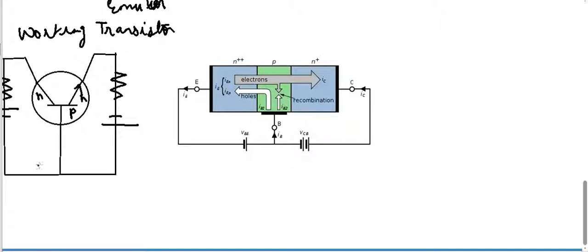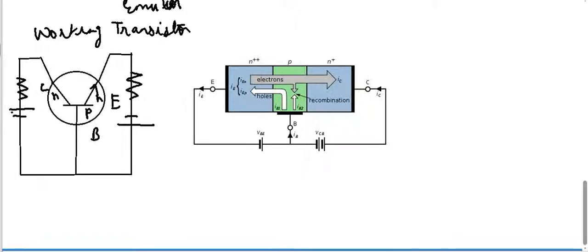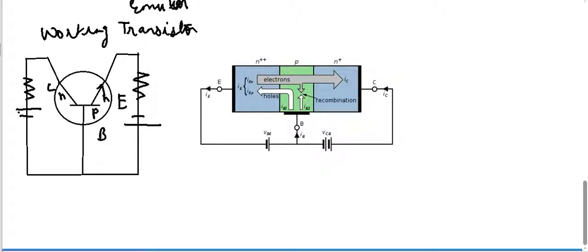Here the base is common to both. This side is the emitter, this side is the base, this side is the collector, and it is an NPN transistor. So let us study the physics behind this transistor if we connect it like this.